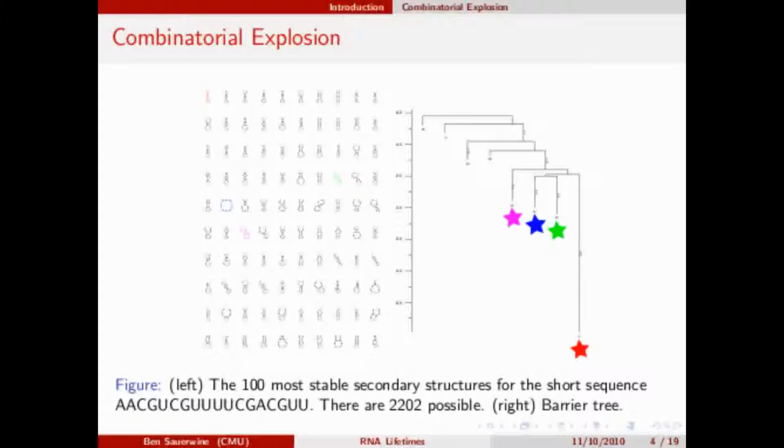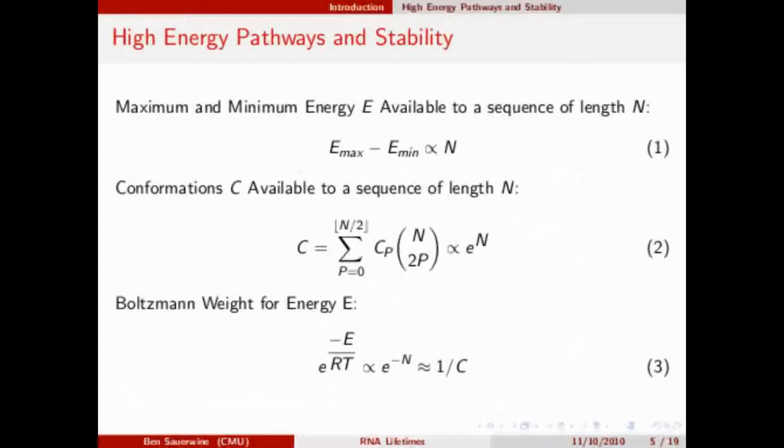The saddle point, as you may know, is the lowest maximum energy we could possibly visit as we travel from one conformation to another conformation. The figure on the right shows a schematic of the local free energy minima, which are starred in red, green, blue, and purple, and the very same sequences are highlighted in the same color on the left-hand side in the list of the 100 most stable conformations available.